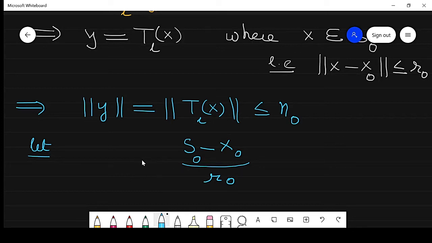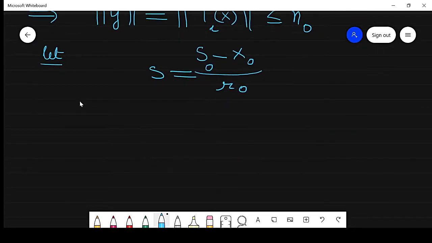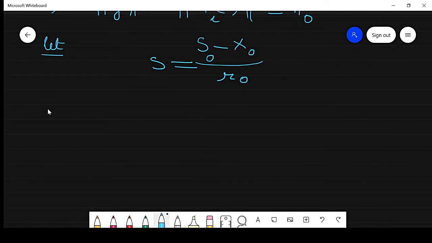So let S be equal to these values. What is this?